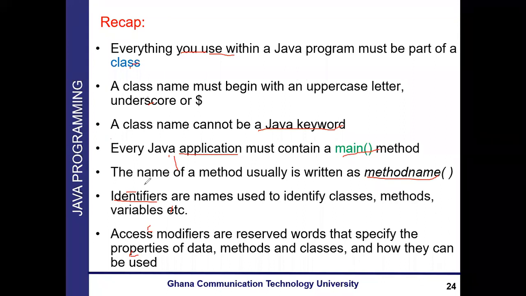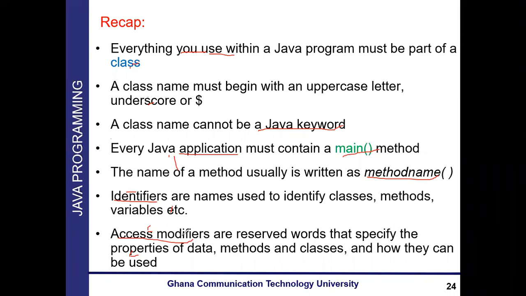Sometimes when we're teaching, we use this just for illustration. But in actual programming, we don't use X or Y or those things. And then we have what we call the access modifiers, which are reserved words that we use to modify access to our classes and objects and so on.